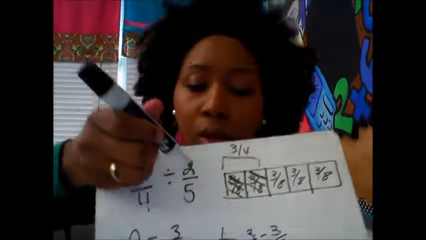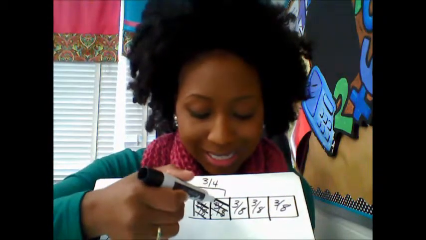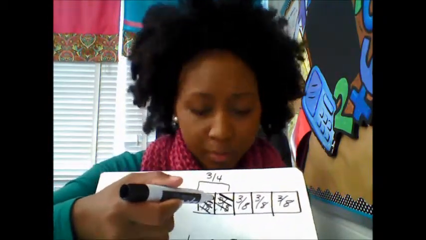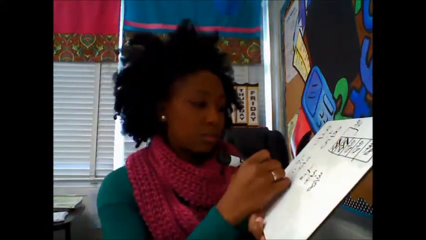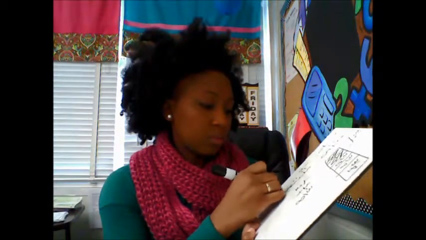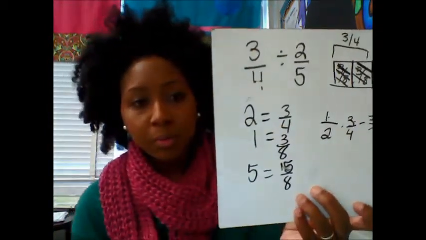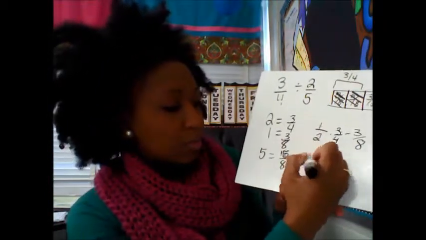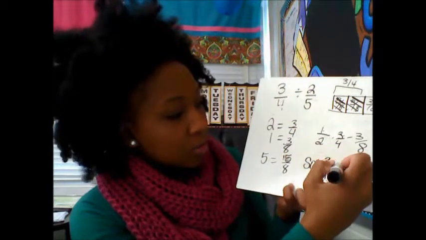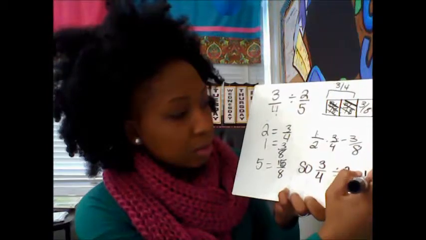If 2 sections represent 6/8, 5 sections is going to equal 15/8. 5 units represent 15/8. So that means 3/4 divided by 2/5 equals 15/8.